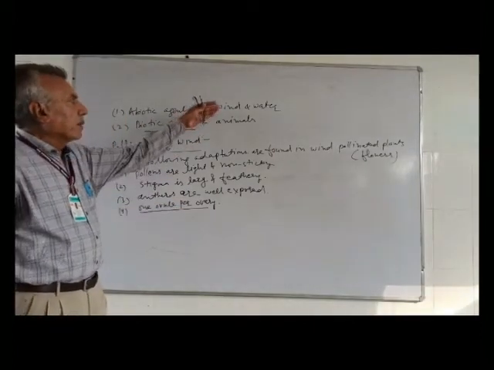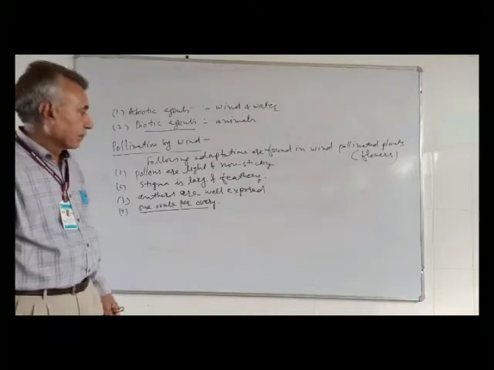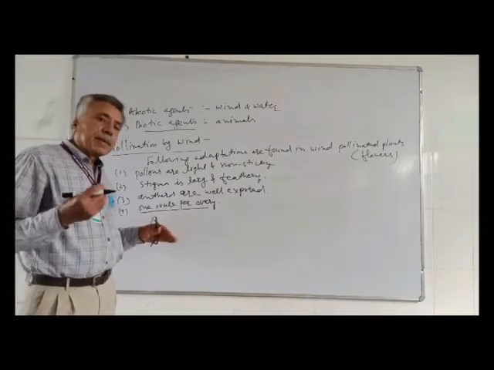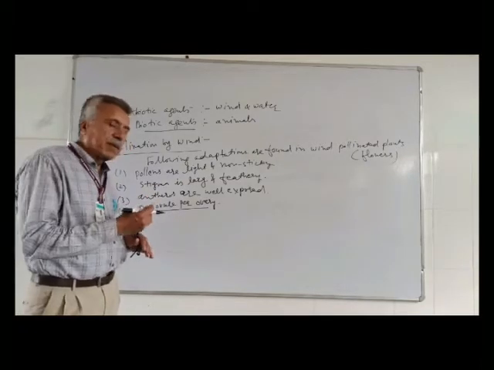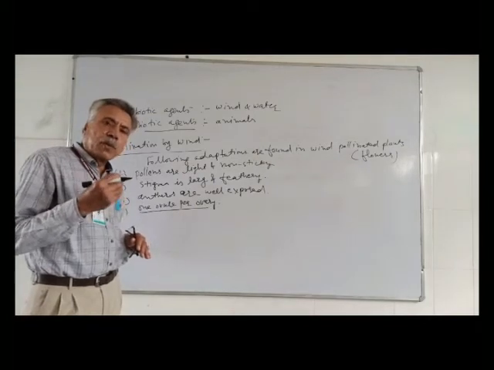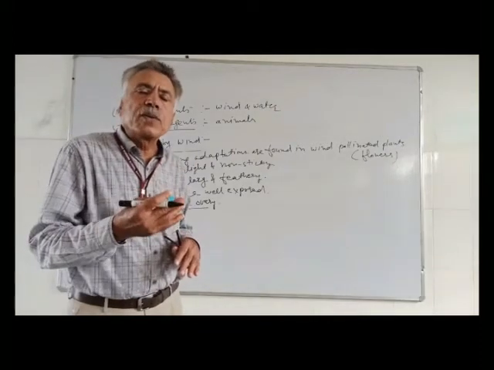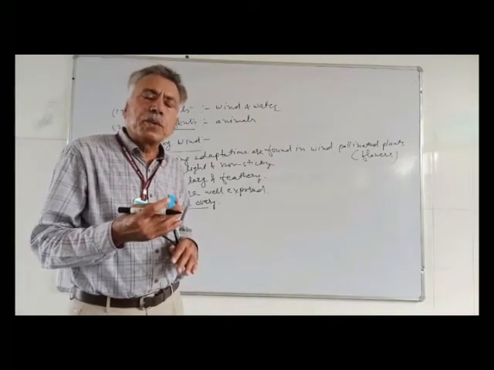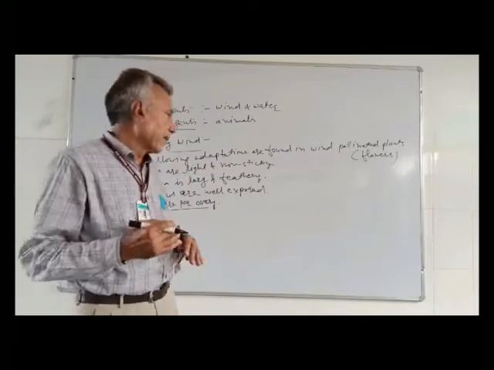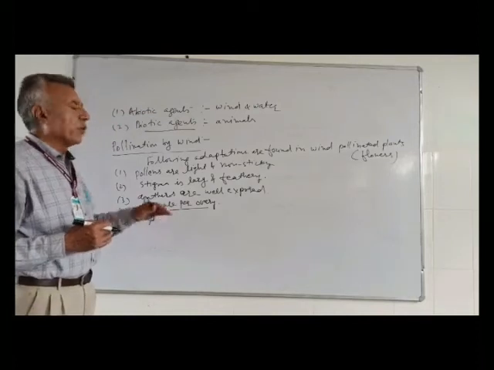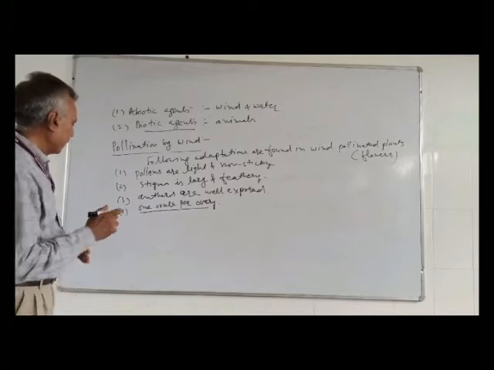Wind pollination is not a certain mechanism of pollination. There are fewer chances of pollination. Thus, these plants don't want to waste their energy in producing more ovules, because the chances of pollination are minimal. Thus, one ovule per ovary is found in plants which are pollinated by wind.